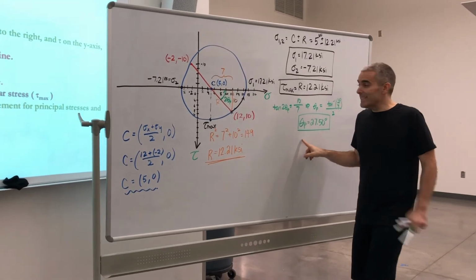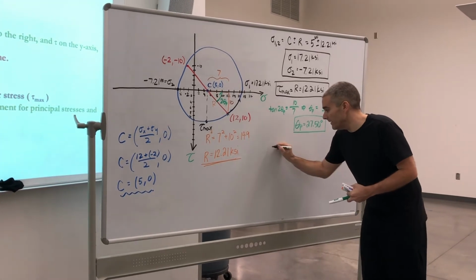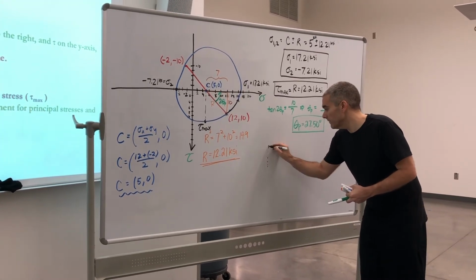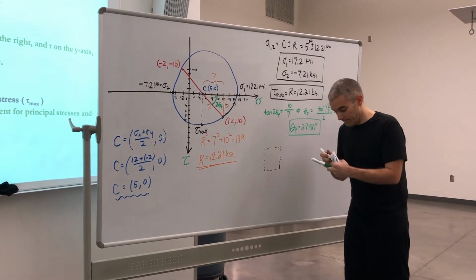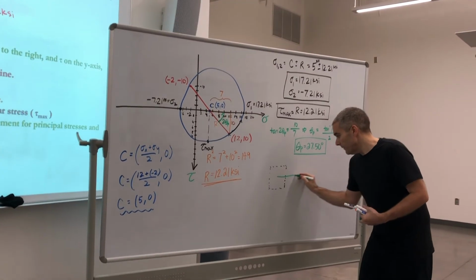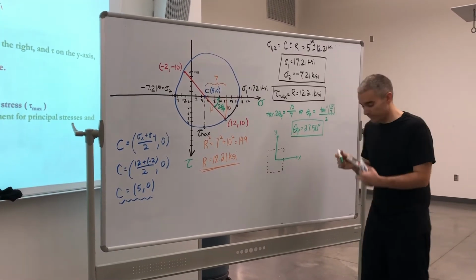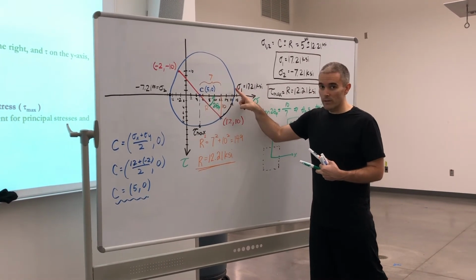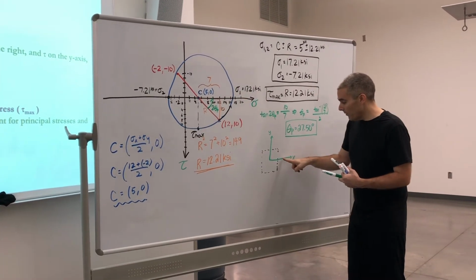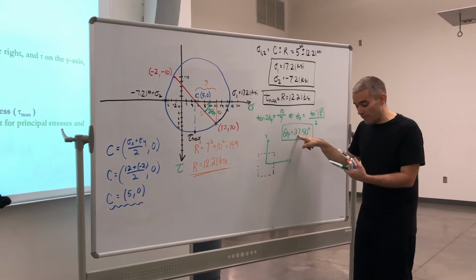We want to sketch the element at this orientation. So my original element is like this, with an original x and y. I rotated on Mohr Circle counterclockwise, and so on this I want to rotate counterclockwise a distance of 27.5.